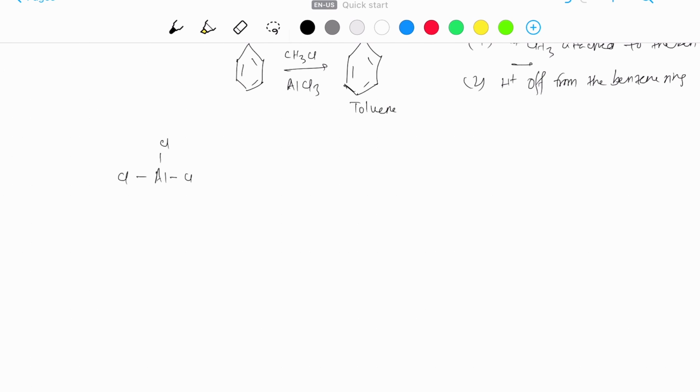Now somewhere in the space, or like in the reaction solution, we have this methyl chloride, and this chlorine atom, let me change the color, it has lone pairs of electrons.